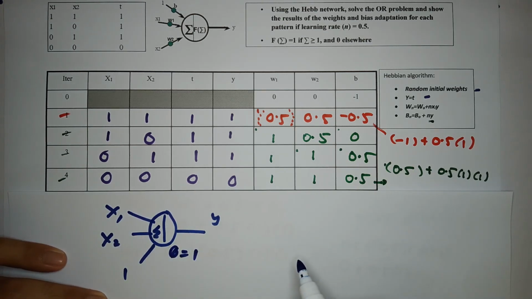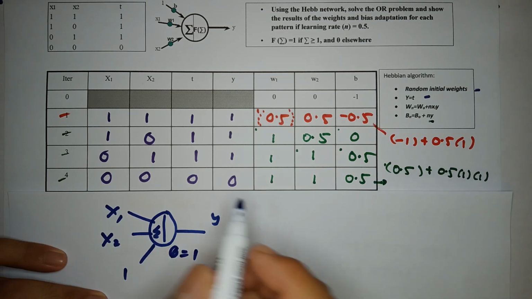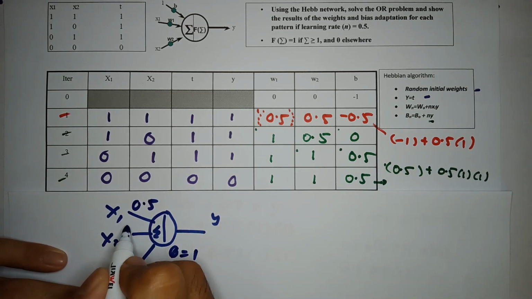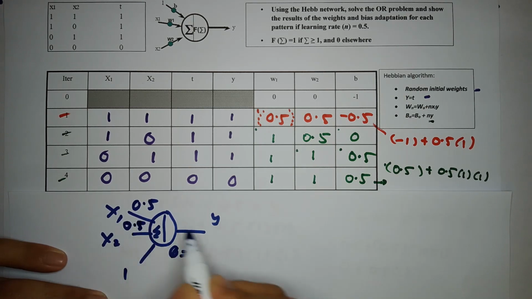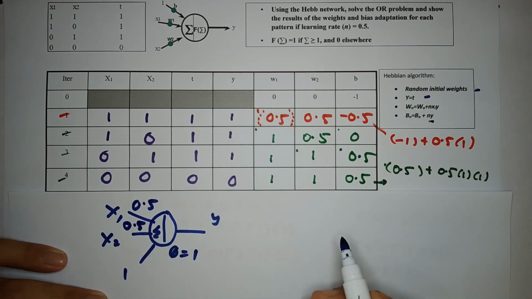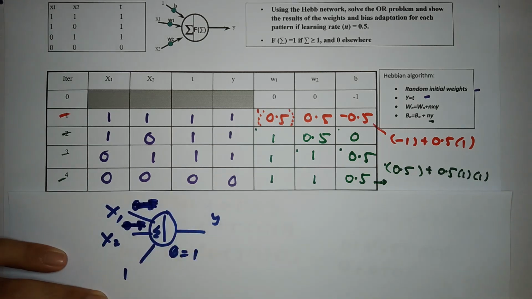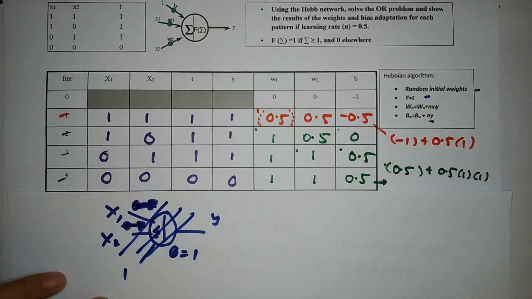So I just put here our theta equal to 1 straight away. Our first weight will be equal to 0.5. This is the value of W1. And then weight 2 will be equal to 0.5 also. So let me draw a new one.